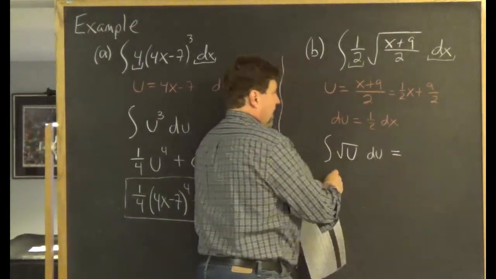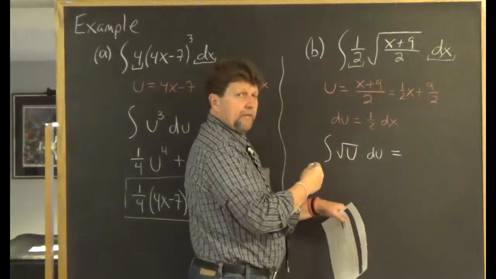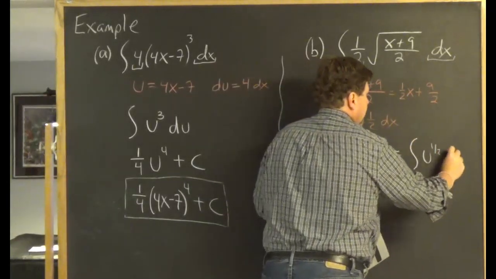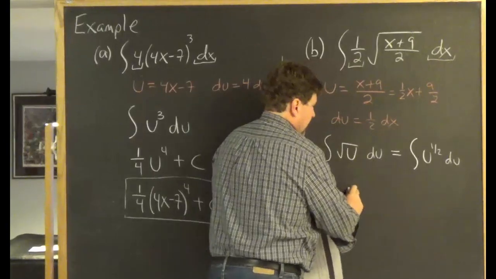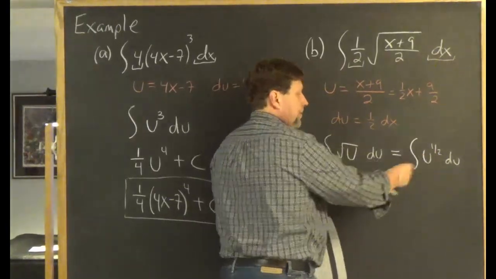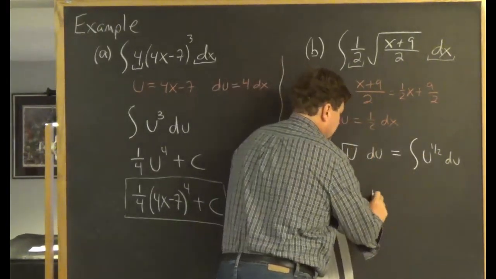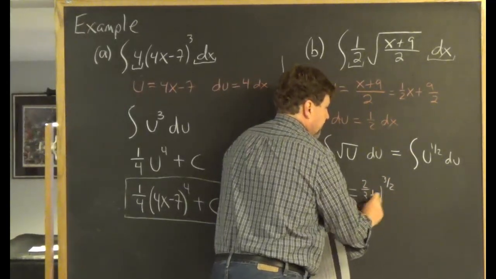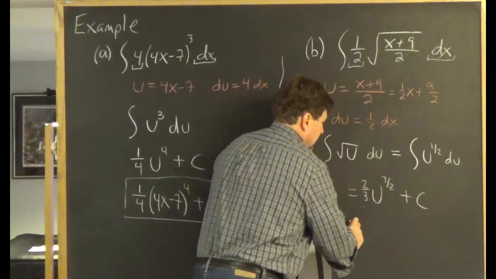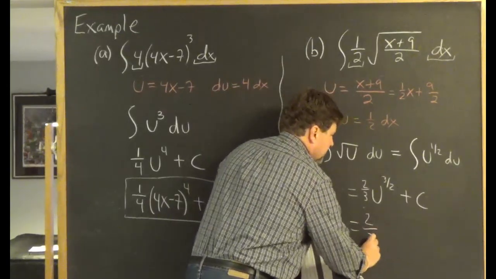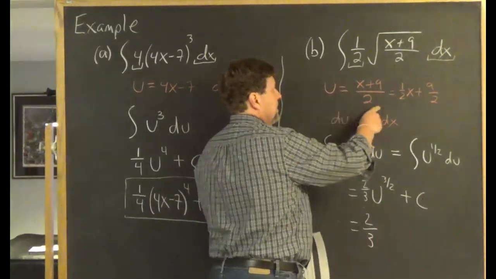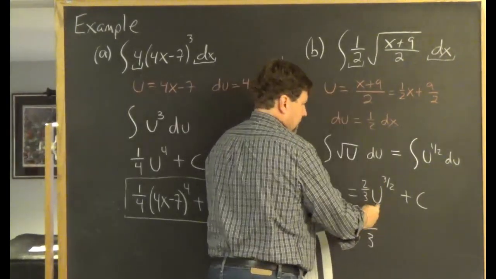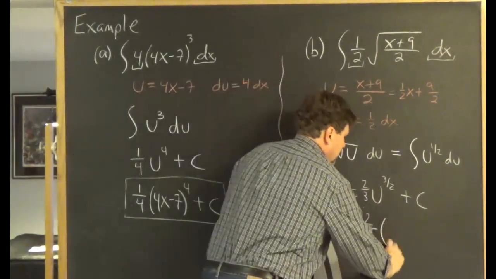My next step is to rewrite the radical as u to the 1/2 power, and then get an antiderivative. Remember, I'm going to add 1 to the exponent. The little multiplier in front is the reciprocal of the new exponent. And then I resubstitute. My u was x plus 9 over 2, so I put x plus 9 over 2 back in here for u.